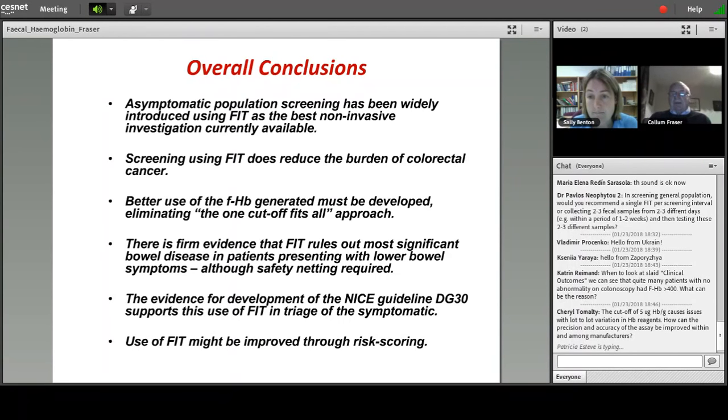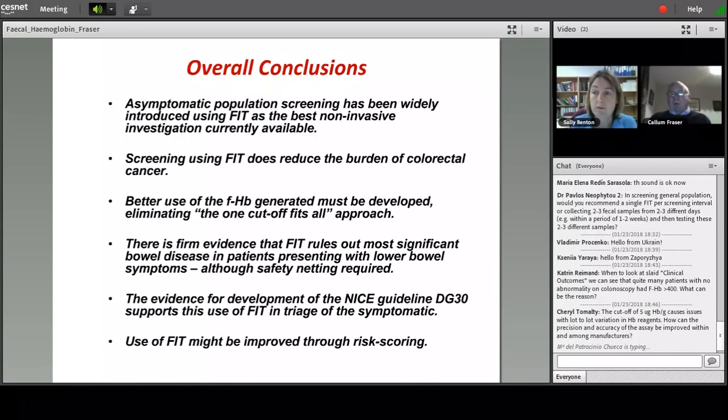Well, I think the evidence is certainly that if you collect 2 or 3 fecal samples, then the sensitivity of the test will increase. There is no doubt about that. However, the cost of doing 2 or 3 tests is more.